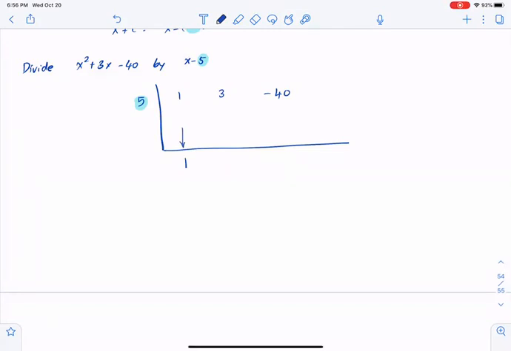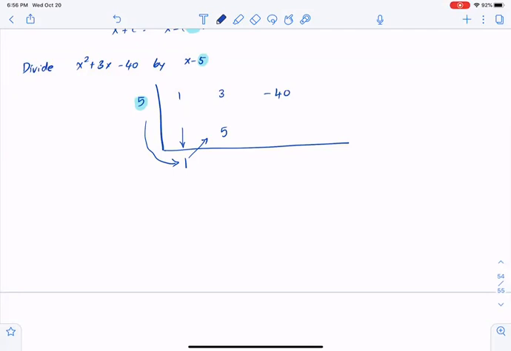Next, we multiply 5 and 1 and put that product over there. So that will give us 5. Now, when compared to long division, synthetic division is easy, but there are subtle differences.